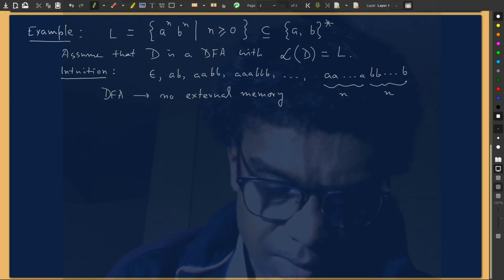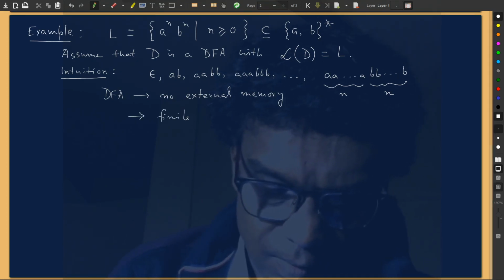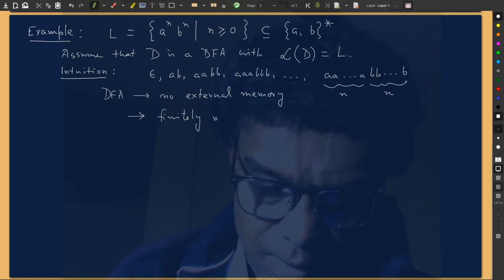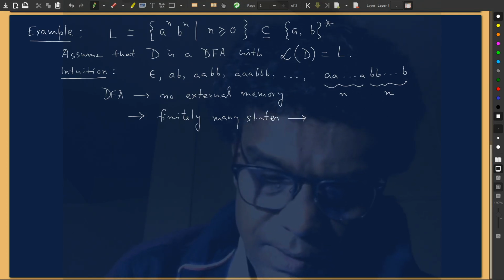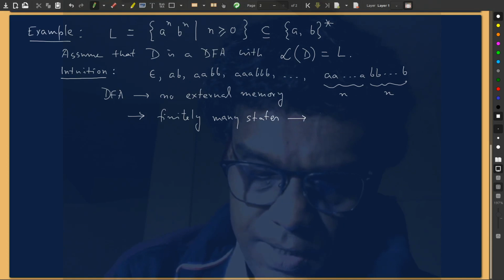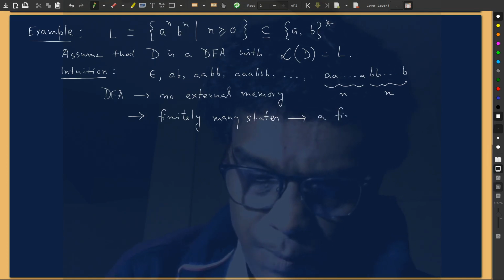The DFA in particular has finitely many states, and this essentially implies that each DFA has a finite amount of memory.